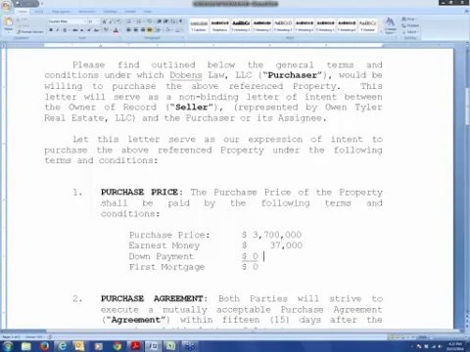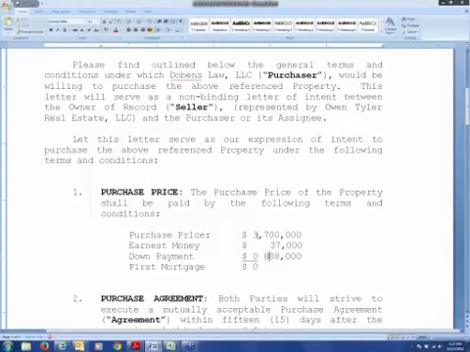Now, here's what we're going to do, and why do we put the down payment in there? Because what we want to do is show that we're a solid buyer. Remember we said it was 25%. So if we did 3,700,000 times 0.25 equals $925,000, minus the earnest money deposit is $888,000.